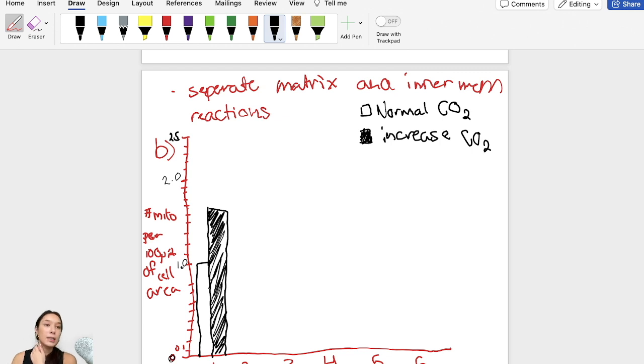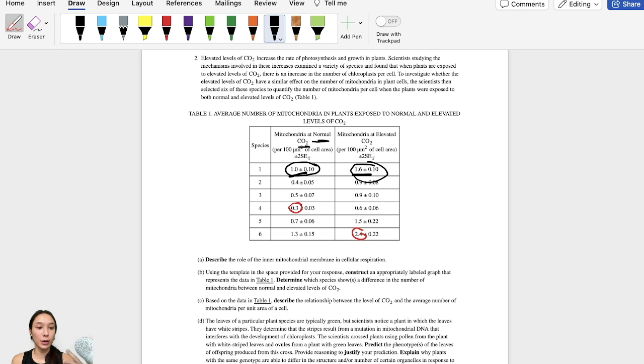And then the last thing for this is they also want you to add standard error bars. Okay, they gave you standard error here because they want you to use it. As you can see here, for the normal CO2, you have 1.0 plus minus 0.1. So your standard error bar in this case is 0.1. They won't be very meticulous with this, and they're not going to take a ruler.